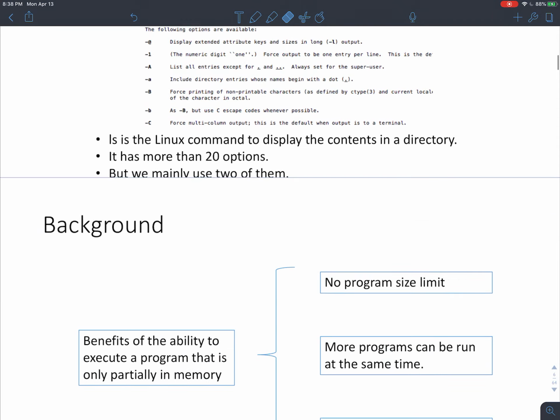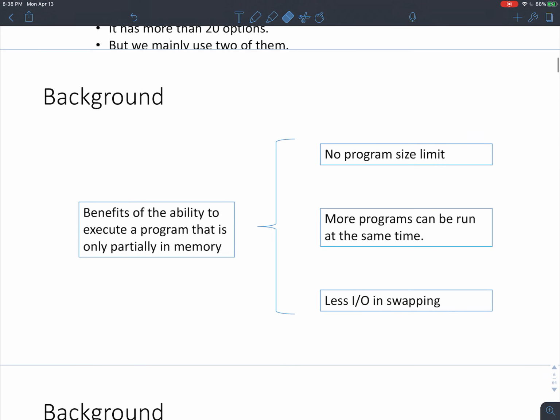And then people come up with a different design, saying that if you want to execute a process, it is not necessary to load all the virtual memory space of the process into the physical memory. This gives us a lot of flexibility because we don't have a size limit on the program.